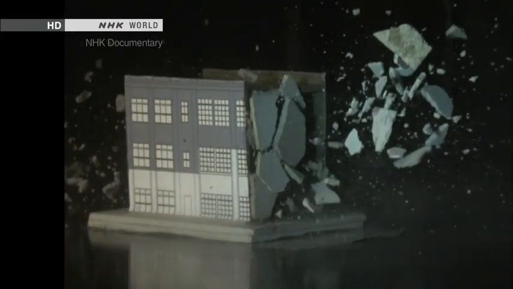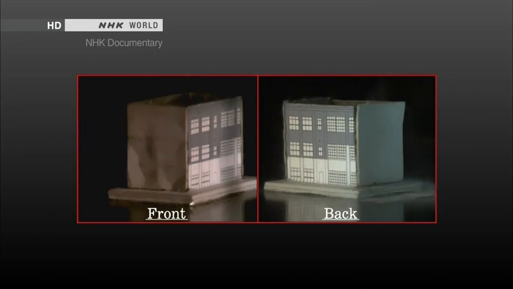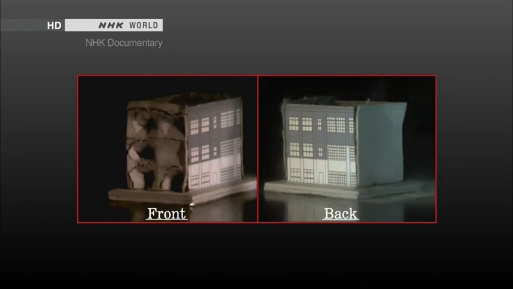The back wall on the other side was also demolished in a certain characteristic way. As the blast wave hits the structure, the front side wall starts to break apart first. At this moment, the back wall is still there.